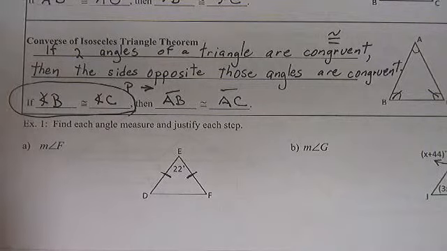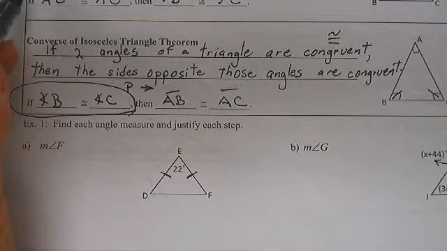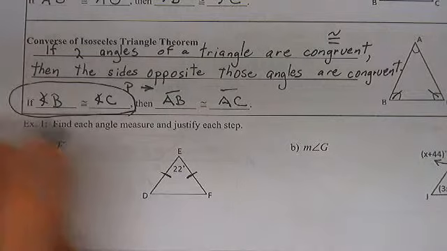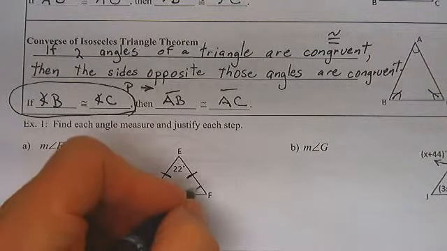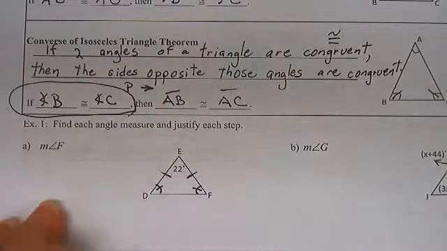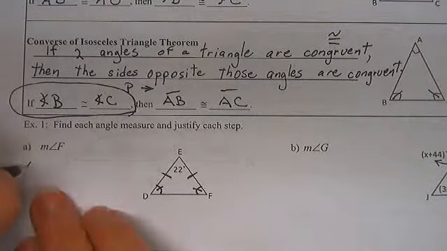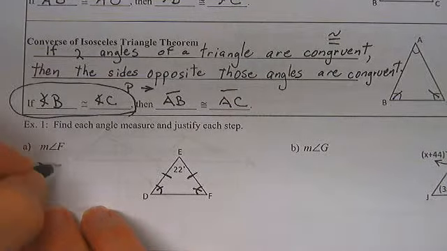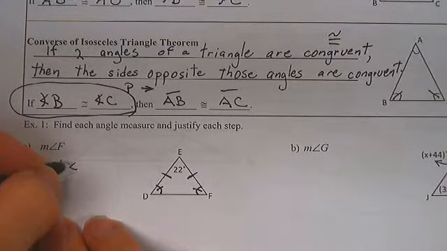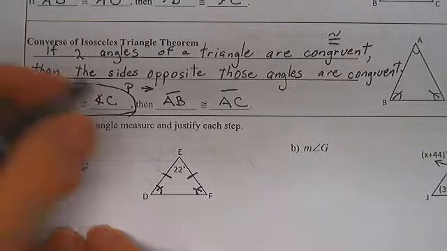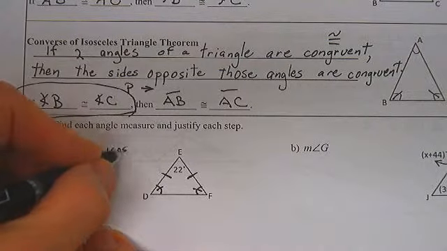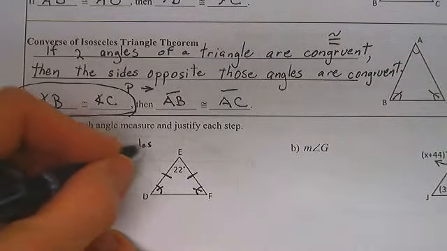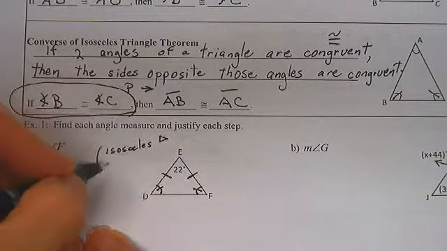Because of the isosceles triangle theorem, we know that angle D is congruent to angle F. Angle D is congruent to angle F by the isosceles triangle theorem.